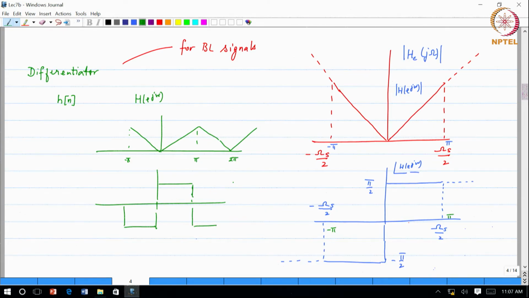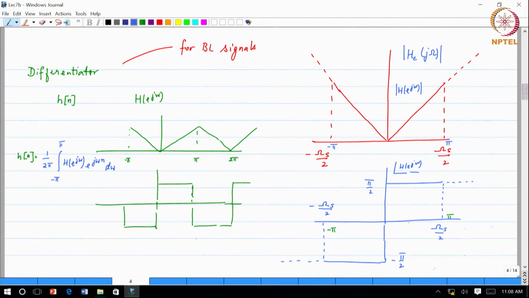So given this, I would like to obtain the impulse response h[n]. That would be nothing but the inverse Fourier transform, so it would be 1 over 2π times the integral from minus π to π of H_eff(e^{jω}) e^{jωn} dω.